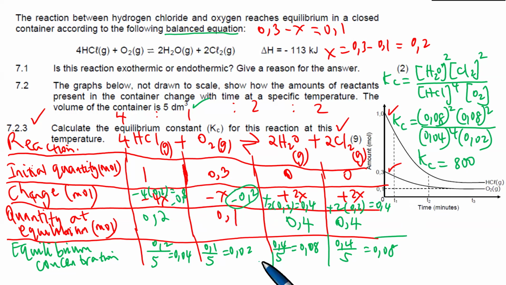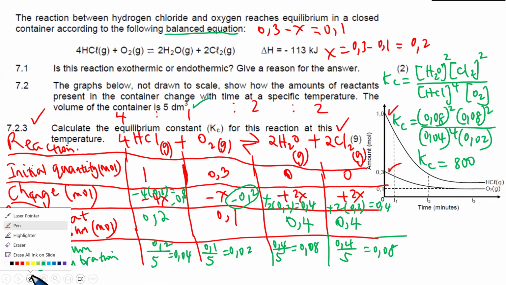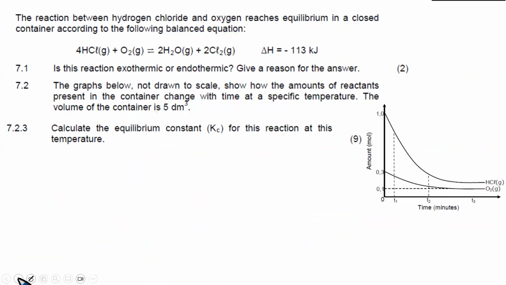So they must give us something more, either at equilibrium, and they gave us something at equilibrium. Yes, they gave us for oxygen. They said oxygen is 0.1. So we're good. Excited. Okay. Next question.